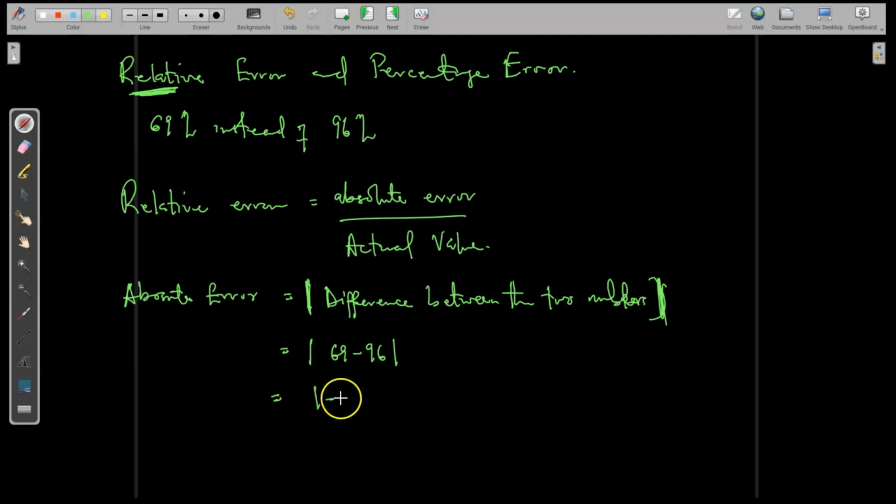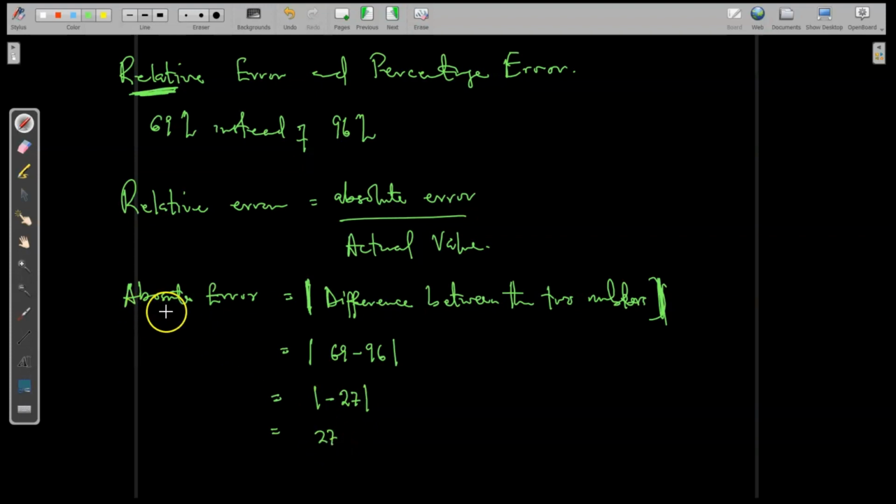Negative 27. For which the absolute value of negative 27 is positive 27. Whenever you find the absolute value of a negative number, it simply changes it to a positive number.